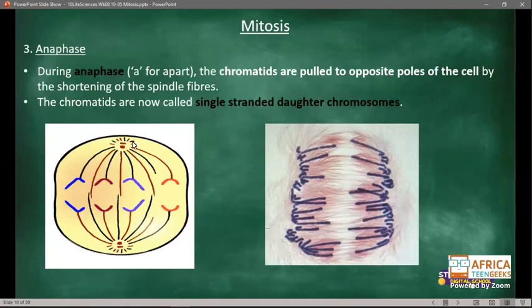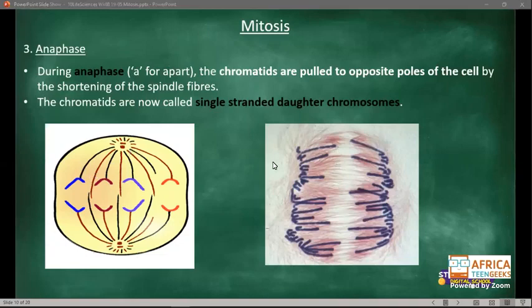So this is what I am talking about. You have your centriole here for the animal cell. Spindle fibers are shortening as the chromatids are pulled apart. So there's a chromatid, there's also a chromatid. The chromatids are now called single-stranded daughter chromosomes.